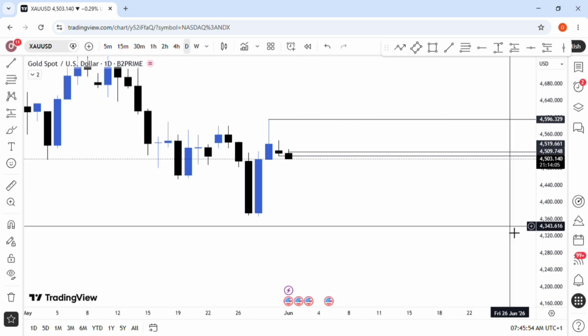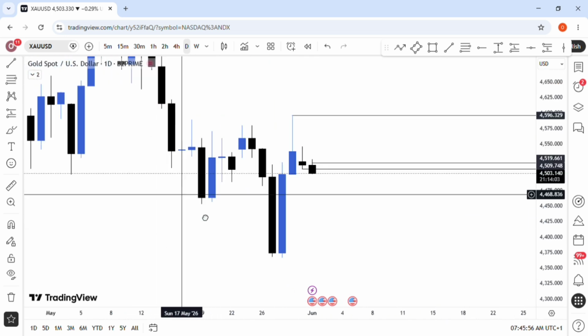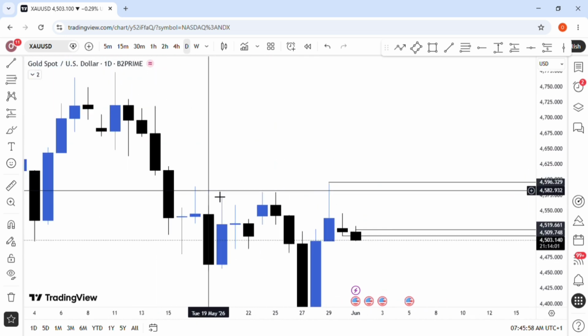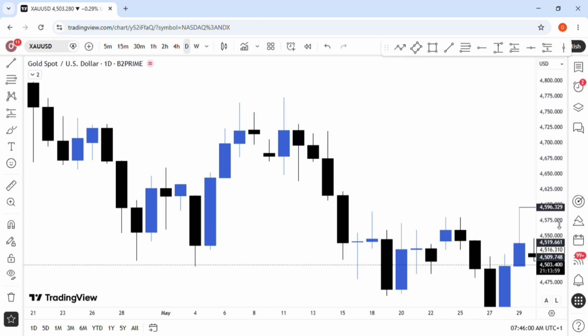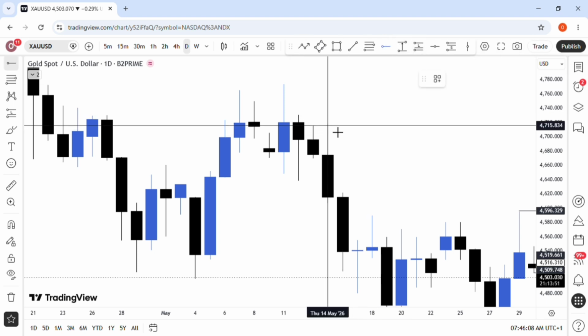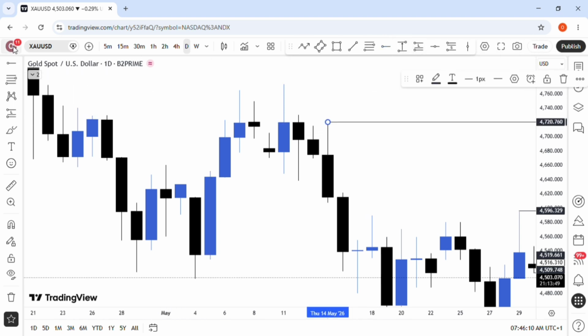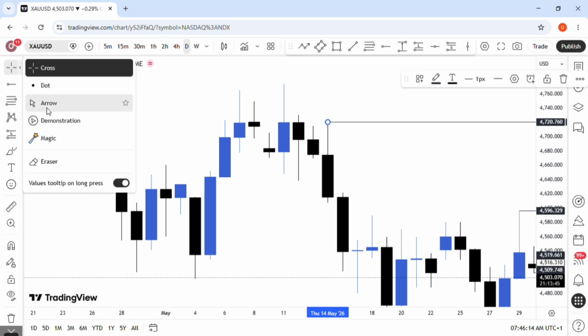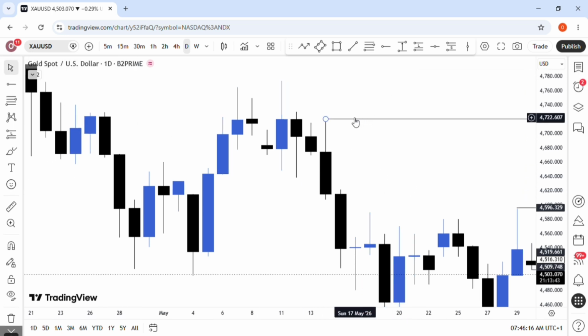Now, if you can see, this is our daily time frame, and in this daily time frame, this is our daily high, and this is our daily low.